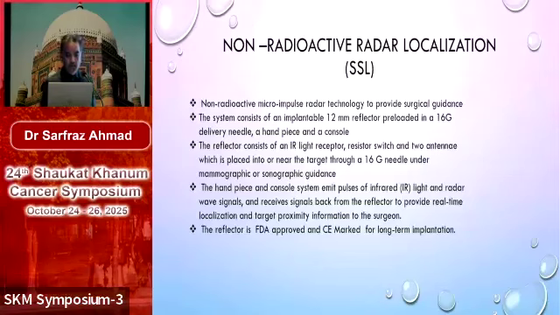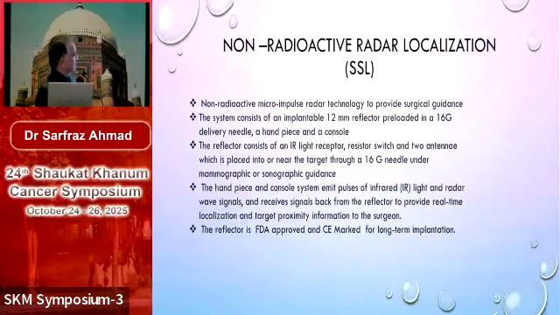Now I'll go to non-radioactive localizing techniques. We'll discuss first non-radioactive radar localization, which is also called SSL, Savvy Scout localization. This involves non-radioactive microimpulse radar technology to provide surgical guidance.